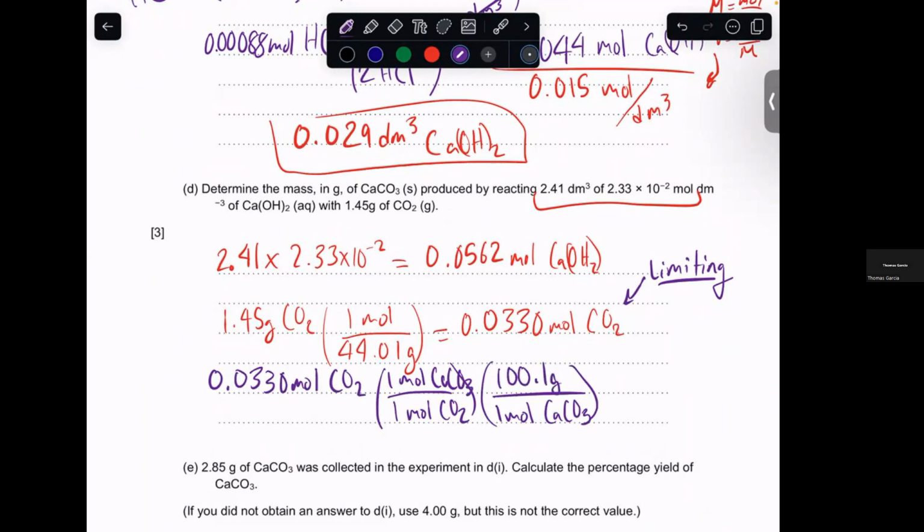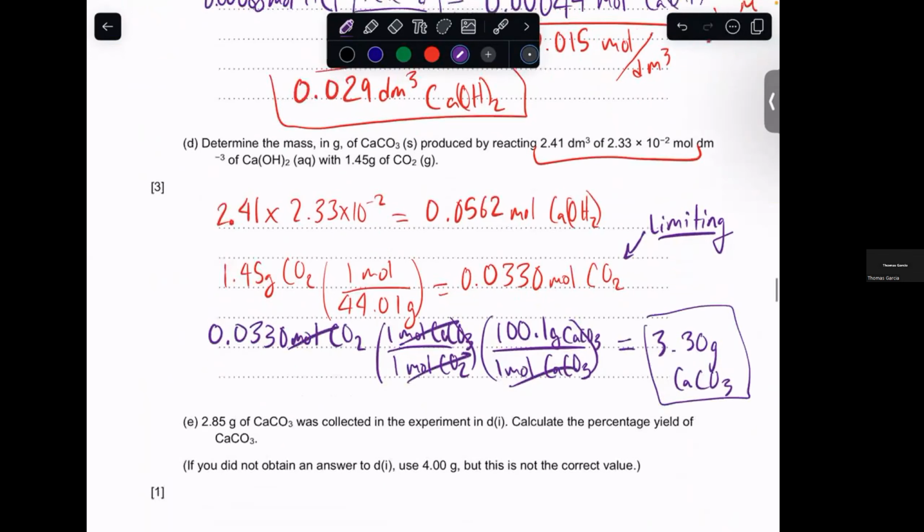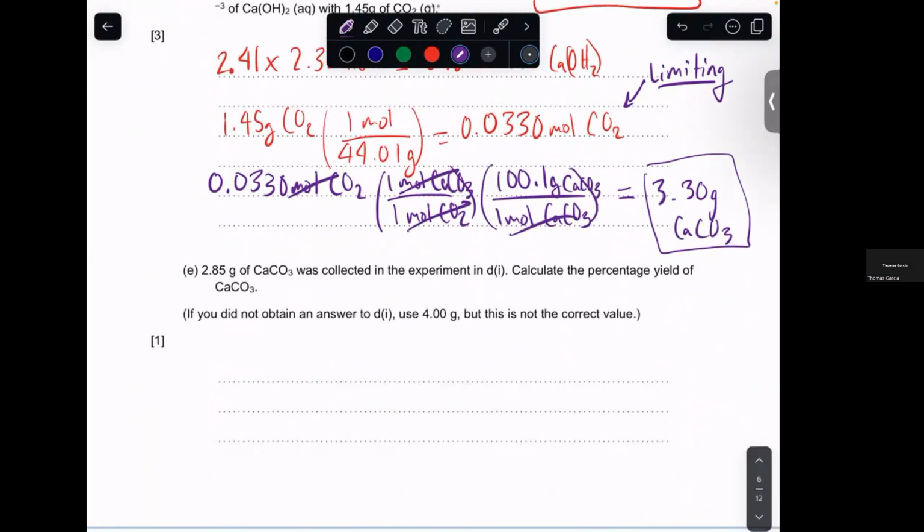That is the molar mass, once again used from the previous equation, CaCO3. Mole cancels with mole, and I get an answer of 3.30 grams of calcium carbonate. So you really have to make sure you carry all those moles through.